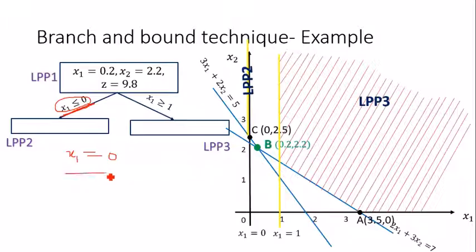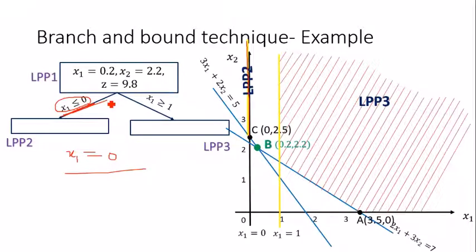Since x1 equals 0 is the y-axis, the region from point C upwards is the feasible region of LPP2. It is just a ray starting from point C upwards, because x1 has a fixed value, x1 equals 0, and the y-axis is x1 equals 0.